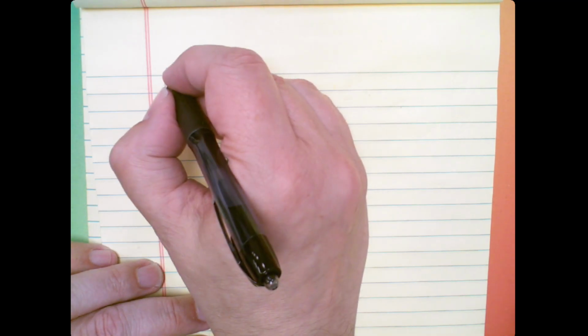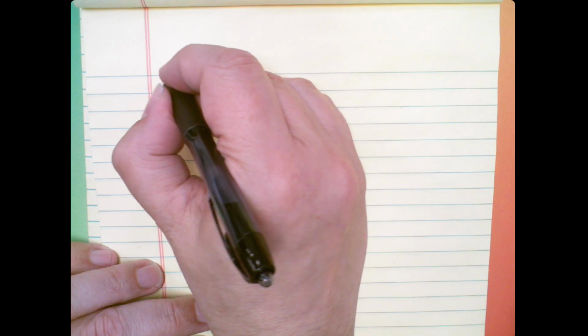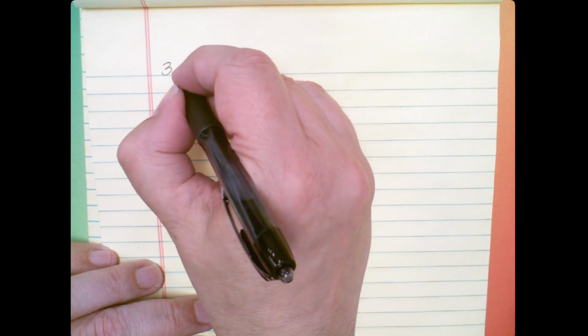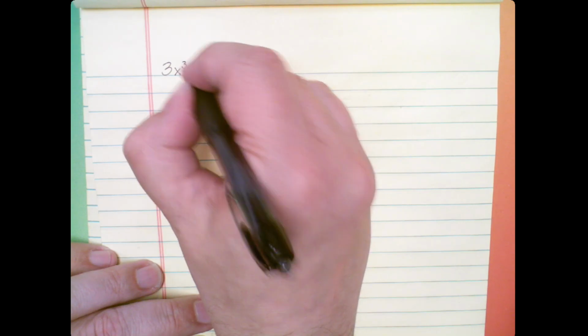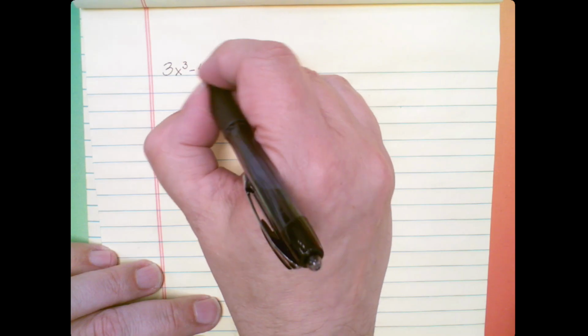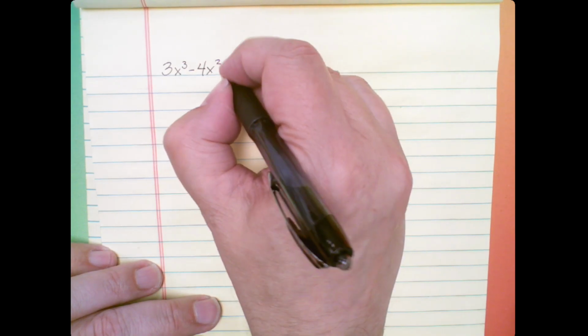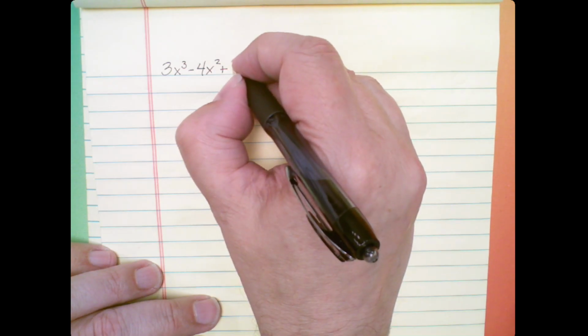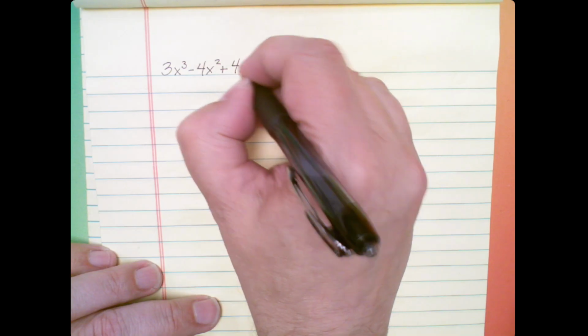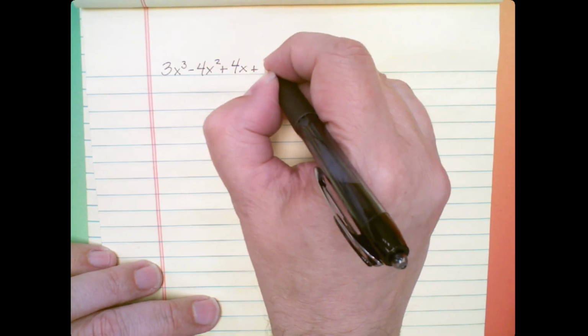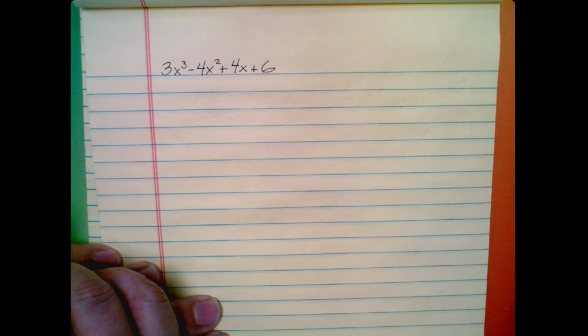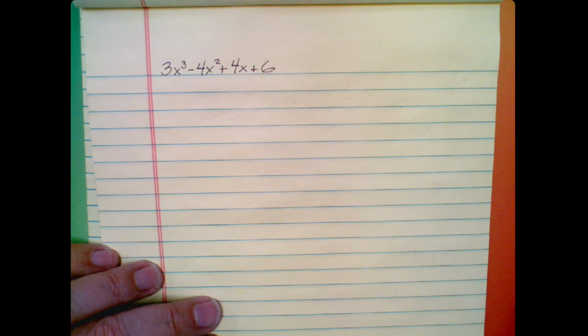Let's work out, and again, I'm going to do it both ways, right? Not that I have to, but I'm going to go ahead and do it both ways. Let's work out what would happen if I tried to evaluate the expression 3x to the third minus 4x squared plus 4x plus 6 when x is equal to, let's do 9.